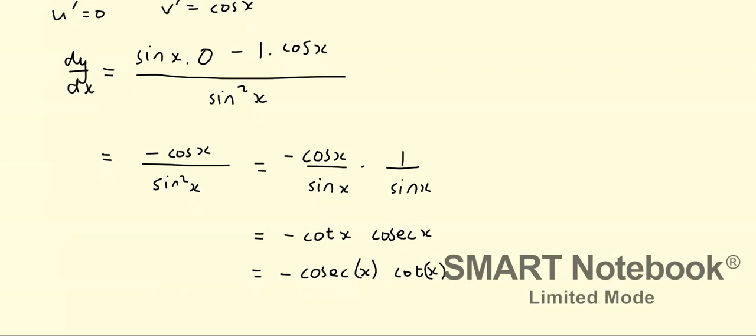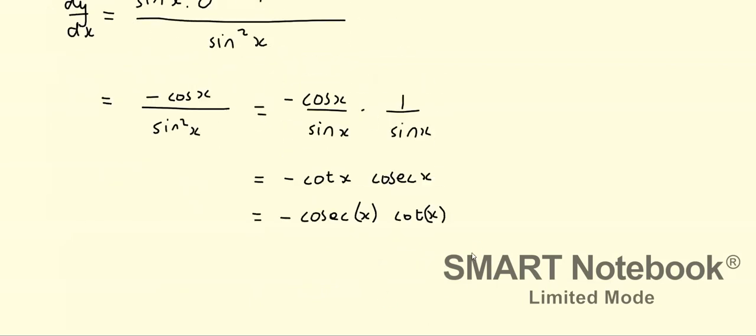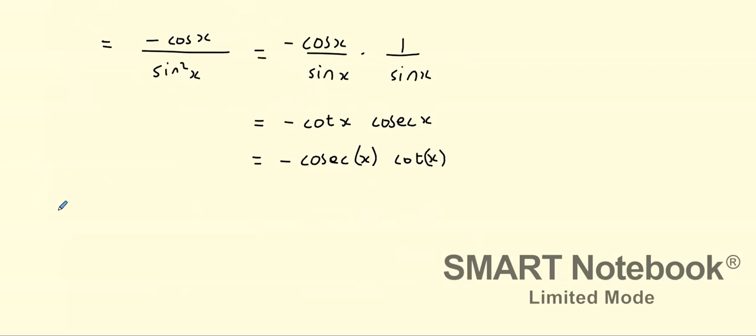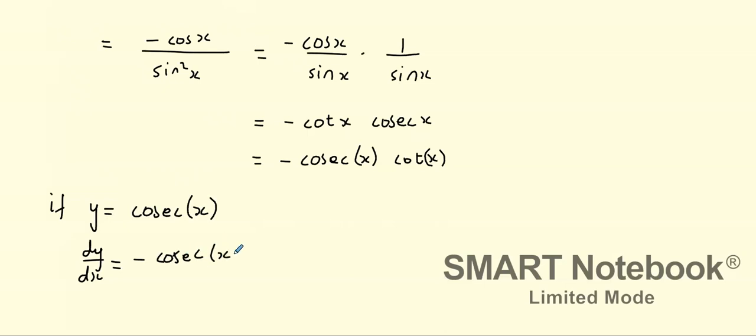Right, okay, so what we have realized is that if y equals cosec x, dy by dx equals minus cosec x cot x.